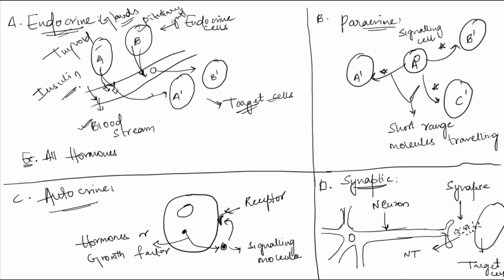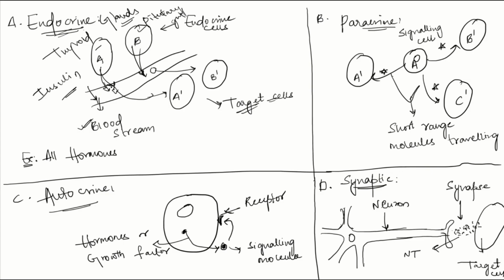It increases the susceptibility of the cells to glucose molecules, basically facilitating the transport of glucose into the cell. So the gland cells, or signaling cells, are very far from the target cells.